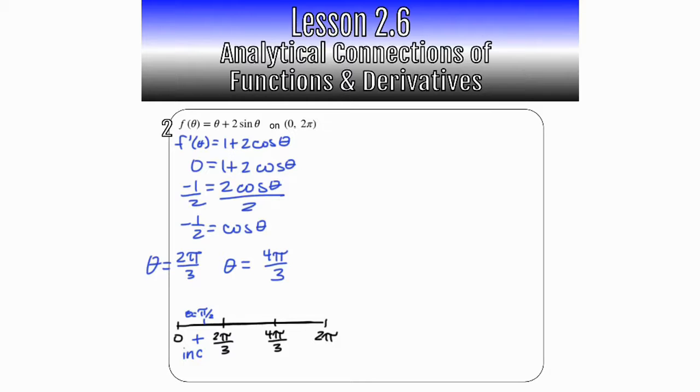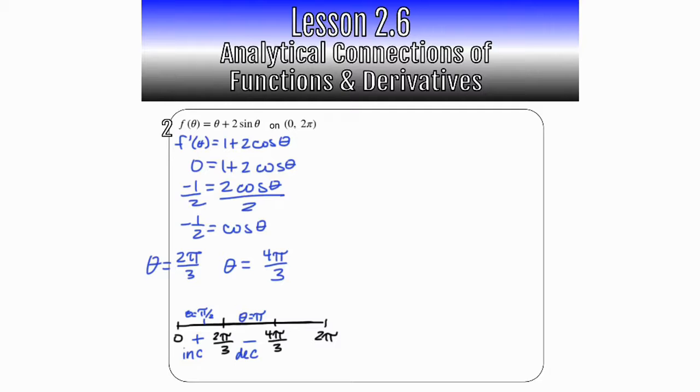So then between 2 pi over 3 and 4 pi over 3, I'm going to choose that theta is equal to pi. And so therefore I would have 1 plus 2 cosine of pi, which is going to be negative. So plugging in pi into my derivative, it's going to be negative, which means that my function is going to be decreasing here.